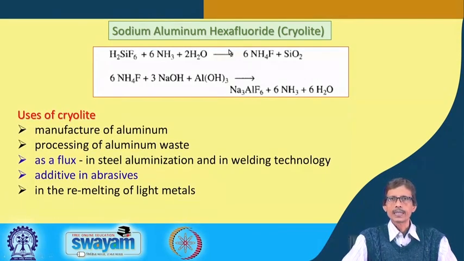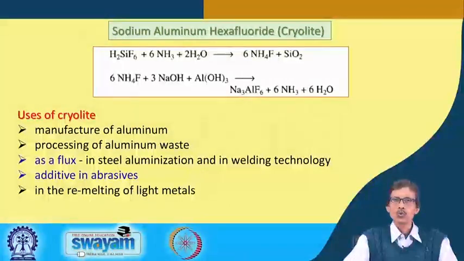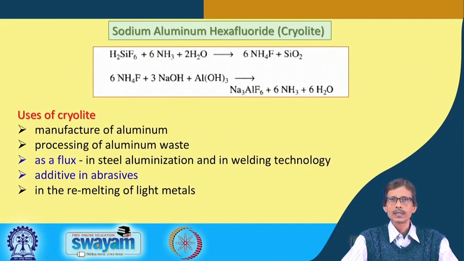Because this cryolite material is commercially very interesting and is also very important industrially, because it can be used for the manufacture of aluminum. So, the aluminum industry is largely dependent on the regular supply of your cryolite material, whether you get it from your natural source or from some synthetically prepared cryolite.